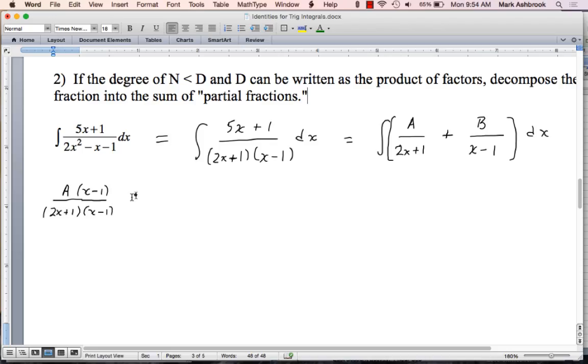I'm just starting now. I'm looking at this and asking, how would I add these together to get one fraction? Plus b over x minus 1, and I need to get my common denominator, which means multiplying by 2x plus 1, but then I also need to multiply the top by 2x plus 1.